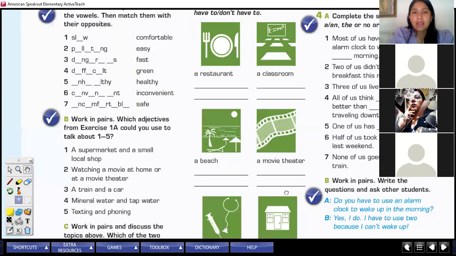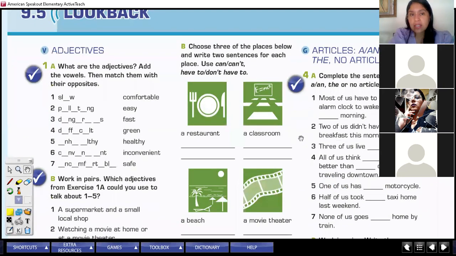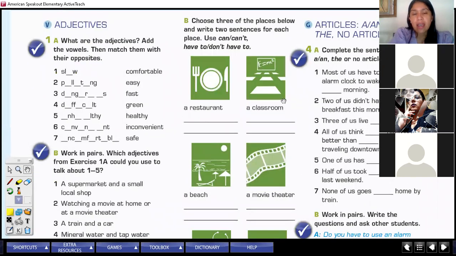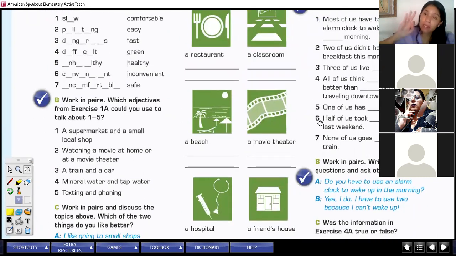Now it says in here, choose 3 of the places below and write 2 sentences for each place. Use can, can't, have to, or don't have to. Instead of 6, it says choose 3 places, right? So you're gonna choose 3 places from here: a restaurant, a classroom, a beach, a movie theater, a hospital, or a friend's house.